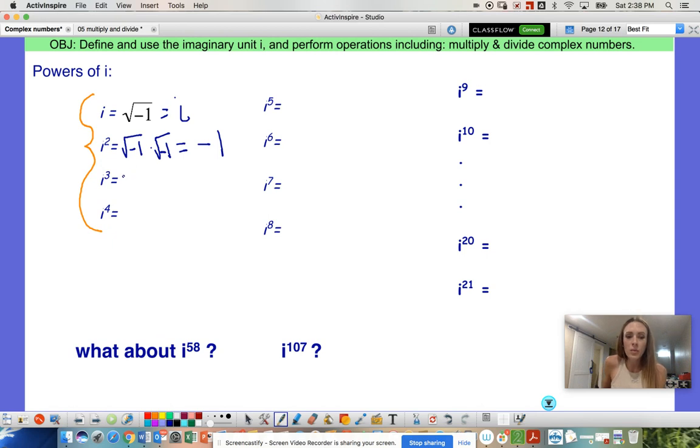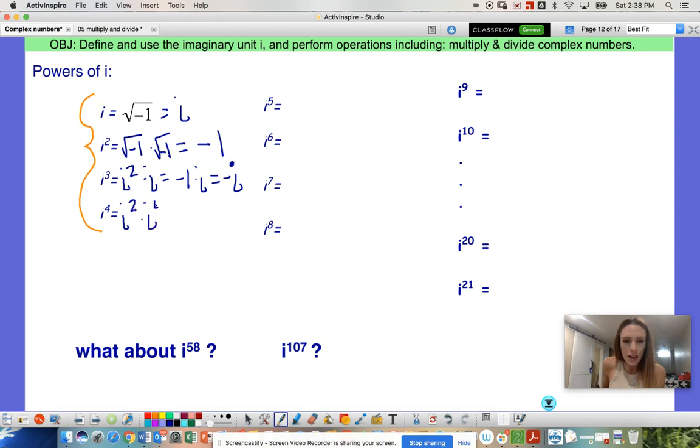Then we have I to the 3rd. Well, that's really just I squared times I again, which is negative 1 times I. So we're just going to call this negative I. Now, I to the 4th is simple: I squared times I squared.